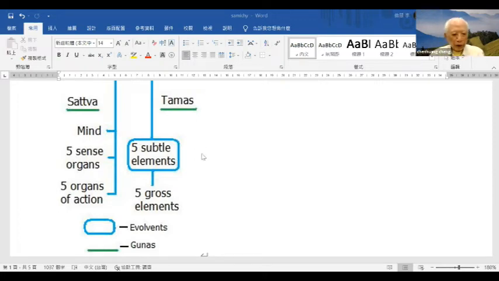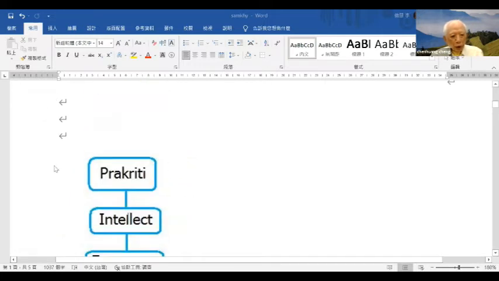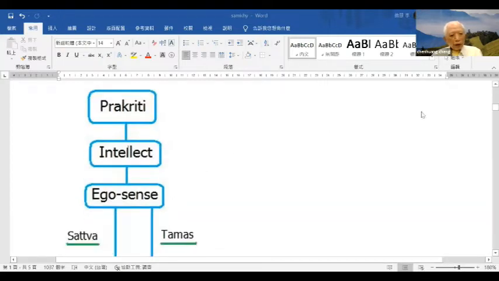They are different. So in total, we have Prakriti as the first principle of not only material, but also spiritual function. And we have another principle of spirit that's called Purusha.